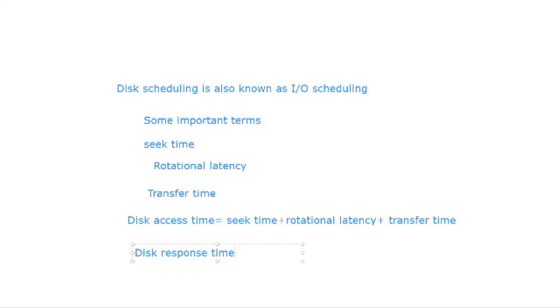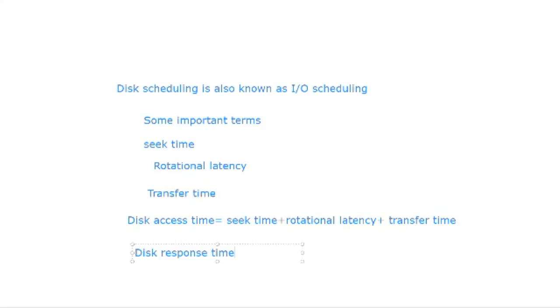Response time is a measure of how individual requests are serviced with respect to average response time. So the disk scheduling that gives minimum variable response time is better.